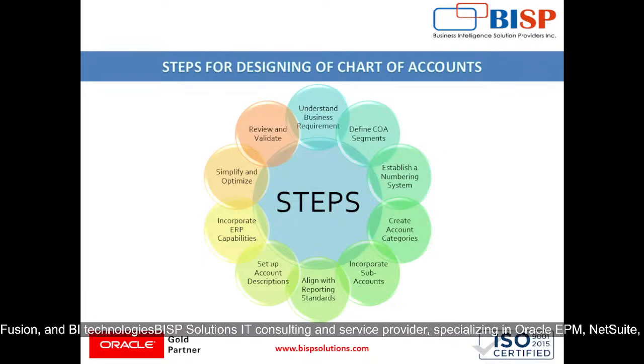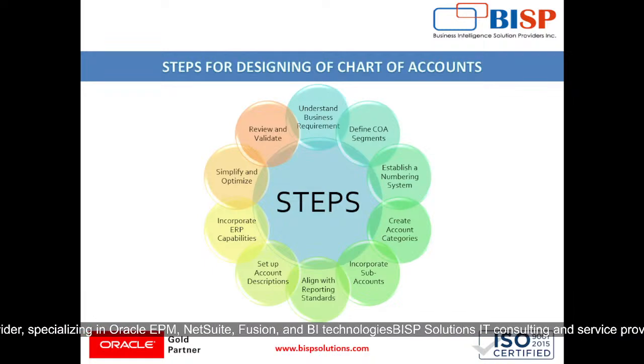Then incorporating sub accounts, which means using sub accounts to capture more detailed information where necessary. So for example, sales revenue is there, so we will be providing the number 4100.